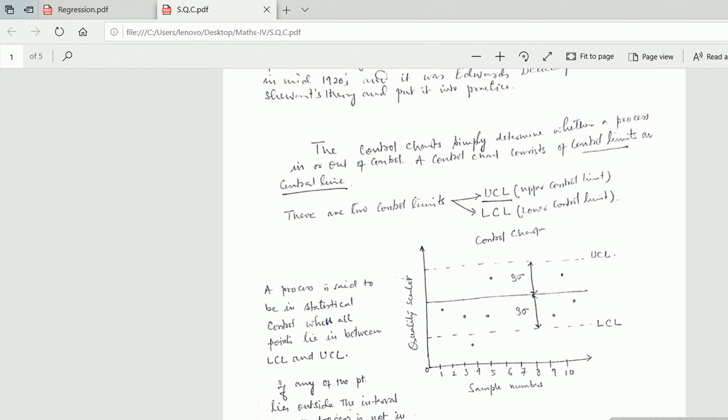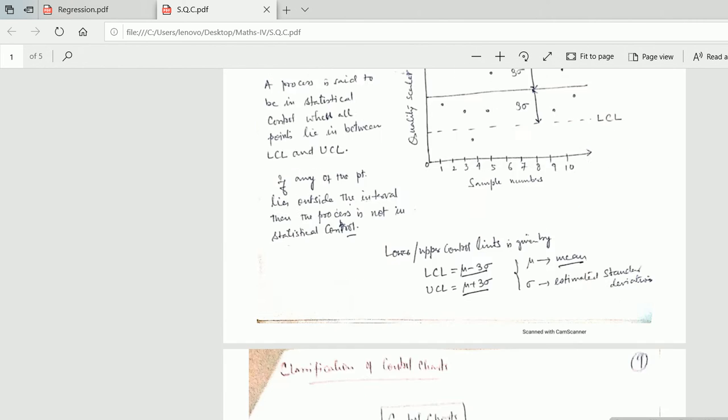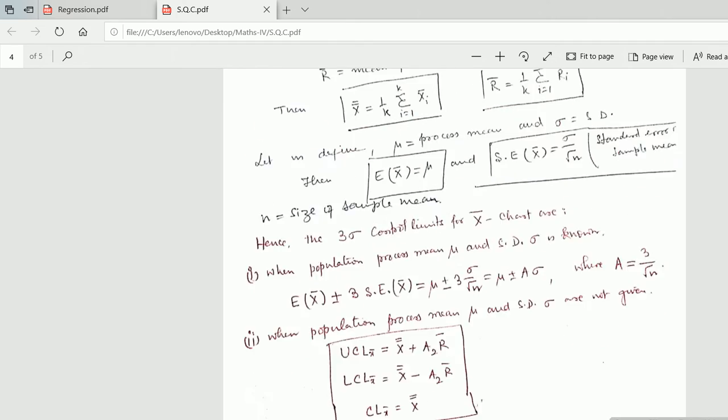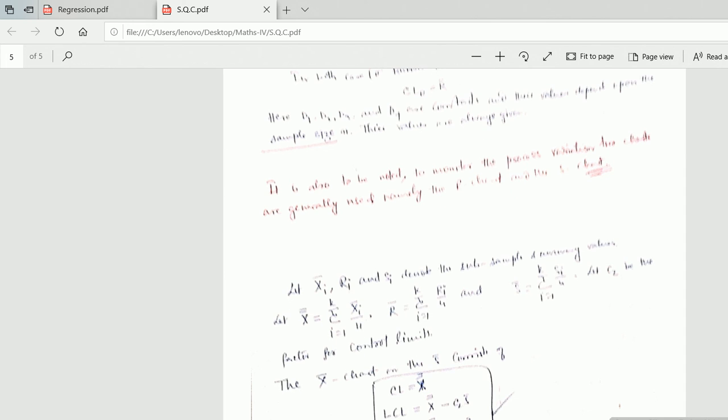The main line you can remember is that a process is said to be in statistical control when all points lie in between UCL and LCL. This is our main aim. Now how to do it? With the help of the different charts we can do it. Okay, the rest of the things will be discussed in the next lecture. Thank you so much.